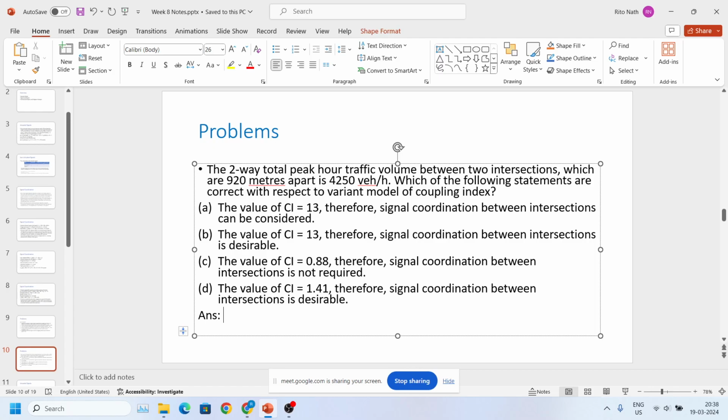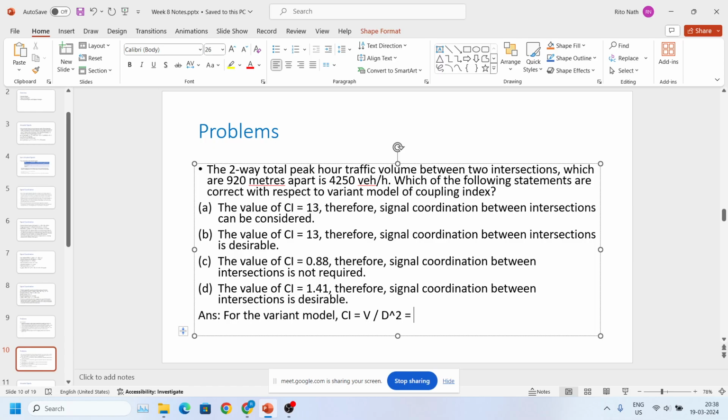And for variant CI, depending on the ranges, whether no coordination is required, or coordination is desirable or can be considered, those things are defined. So here, for the variant model, the CI is V divided by D square.